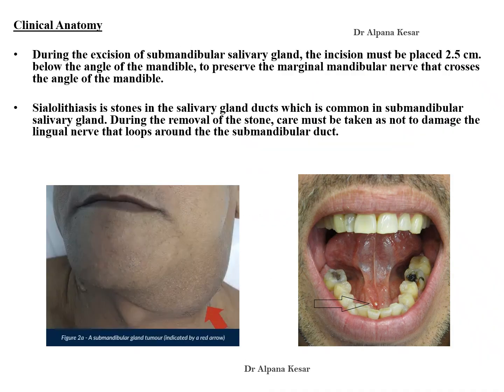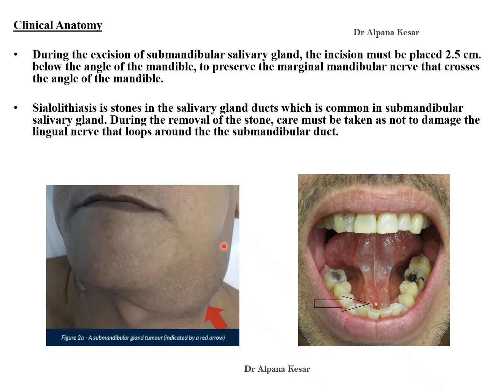Clinical anatomy of the submandibular salivary gland. In case of malignant tumors of the submandibular salivary gland, it may require excision of the gland. During the excision of the submandibular salivary gland, the incision must be placed 2.5 centimeters below and behind the angle of the mandible.